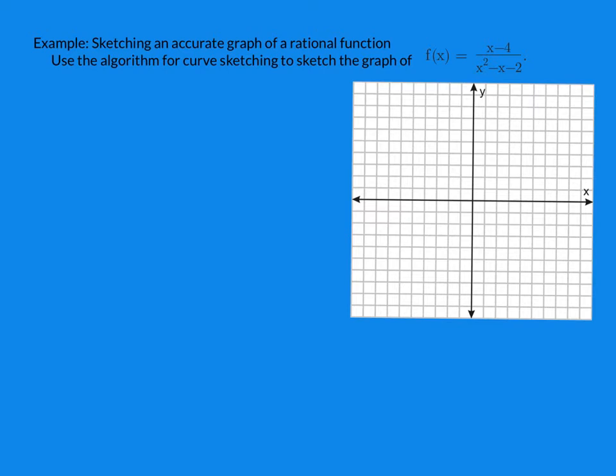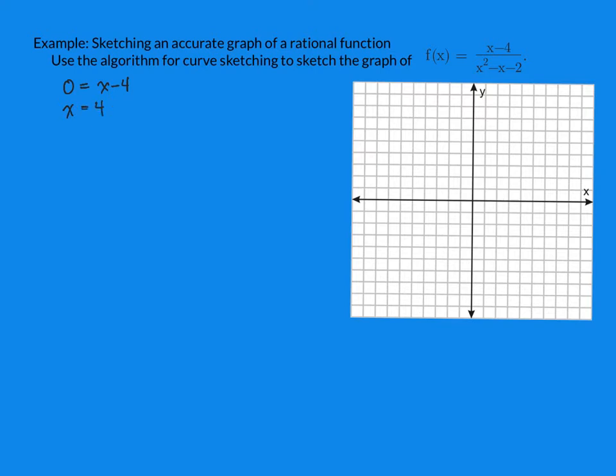So what can we learn from the function? We can start with intercepts. So we can get an x-intercept, where the numerator is 0, and we'll get x equals 4.